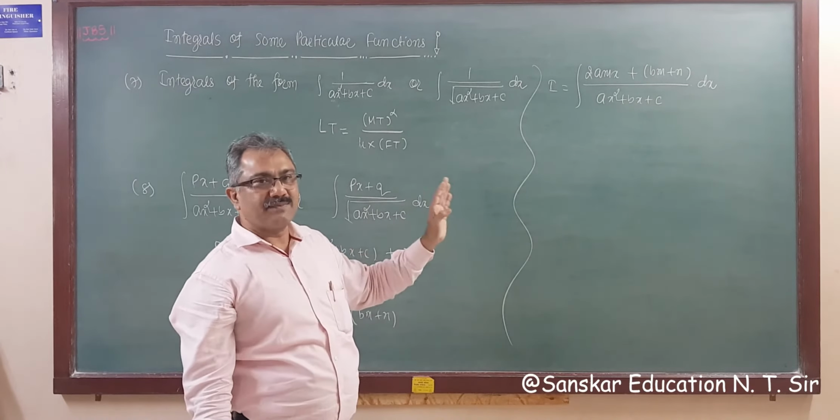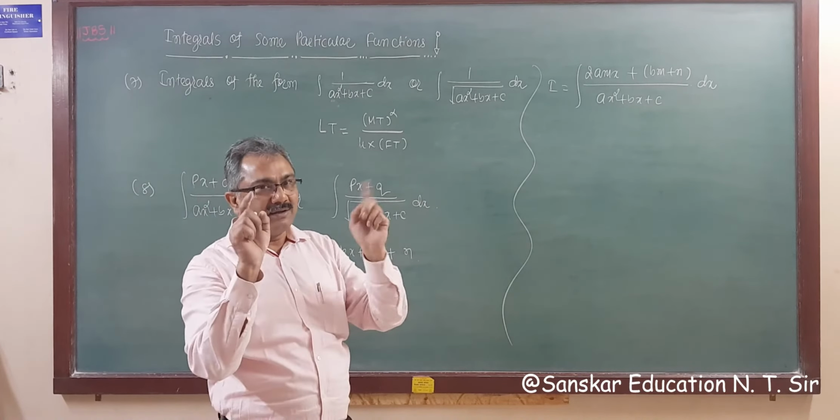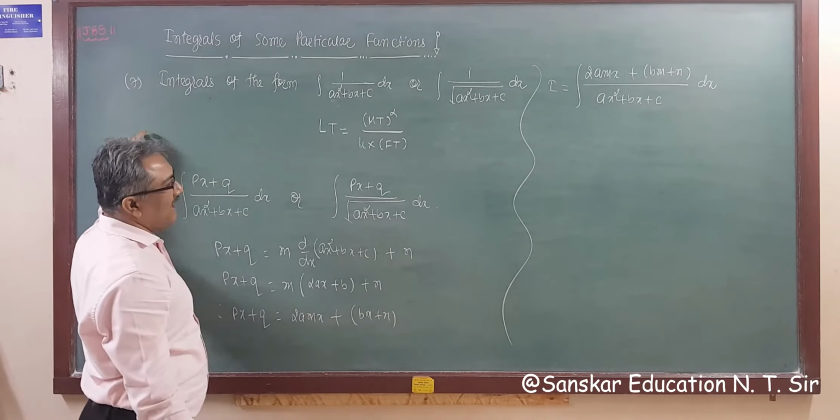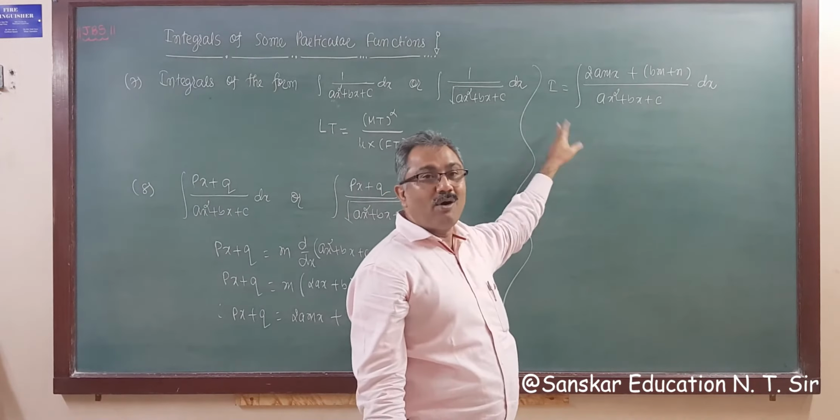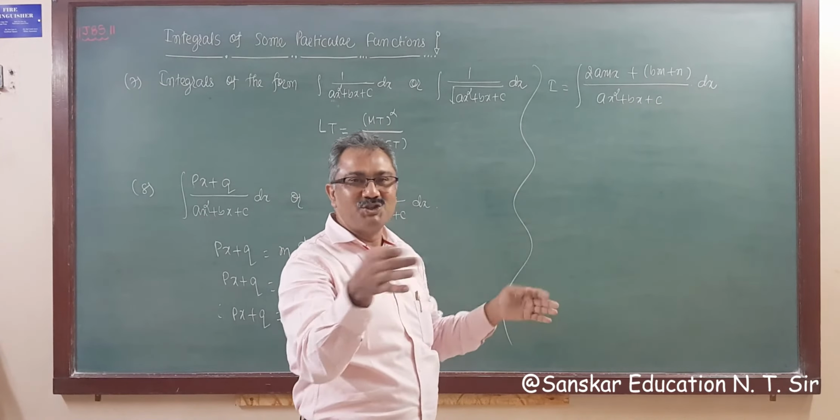This is the last method of this type of integration, and all 7 formulas are applicable here. All first 7 formulas means any one of the 7, either 1, 2, 3.